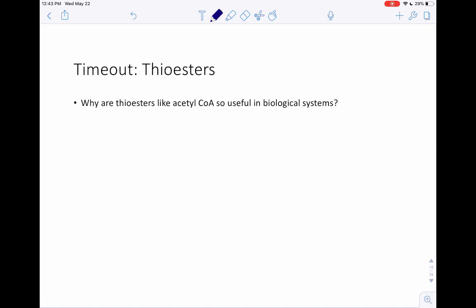So did that answer the question of why thioesters like acetyl-CoA are so useful in biological systems? Yes, it should. The thioester is nature's acid chloride. Okay, so it's the equivalent of an acid chloride for nature. Obviously, acid chlorides are super reactive. You can't have them in your body, but you can have the thioester, and it's the equivalent of nature's acid chloride.